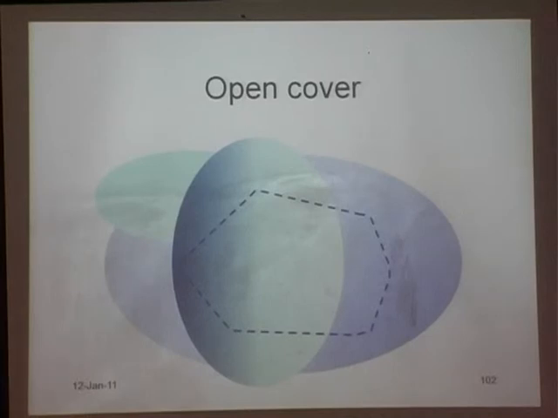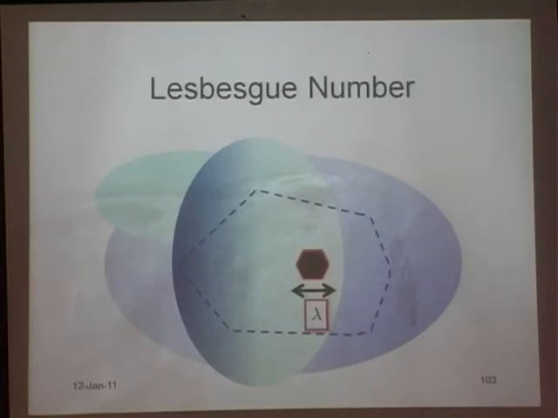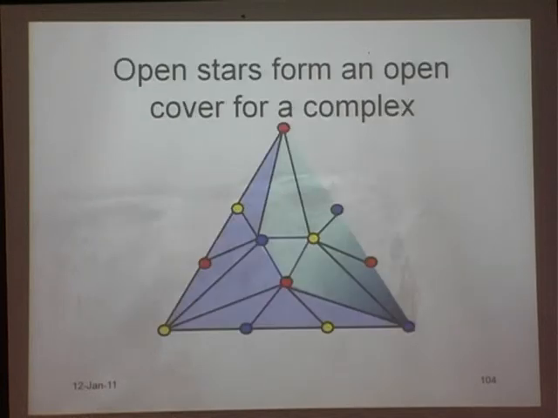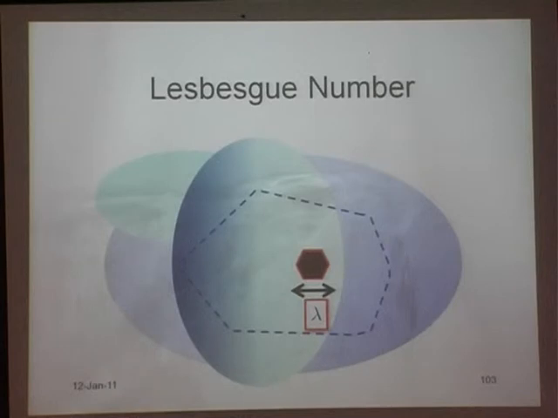There's a theorem that if your complex is compact, which it is, finite and closed, then there's a quantity called the Lebesgue number lambda, which has the property that any set whose diameter is less than the Lebesgue number lies entirely in one of these open sets.